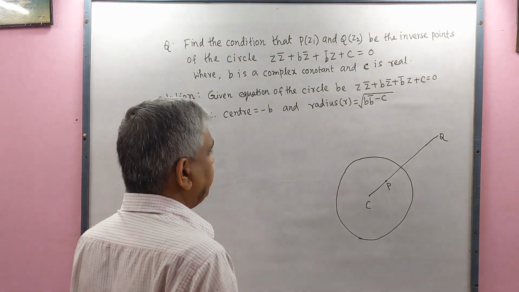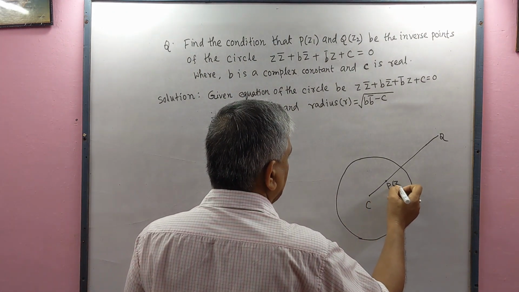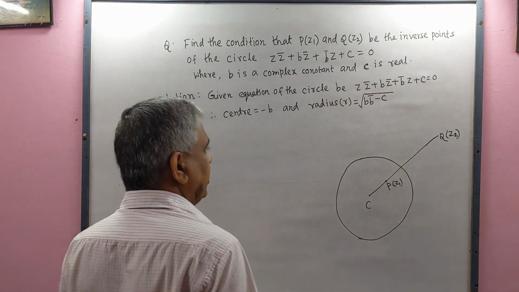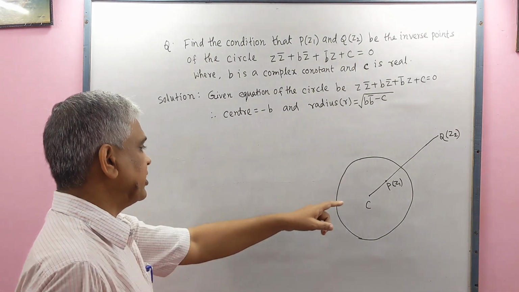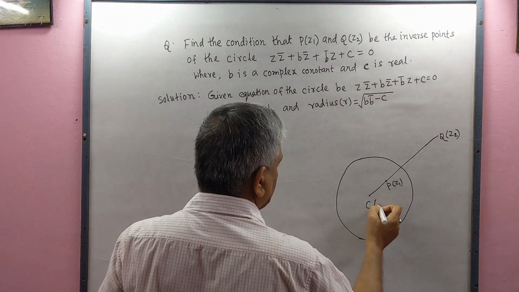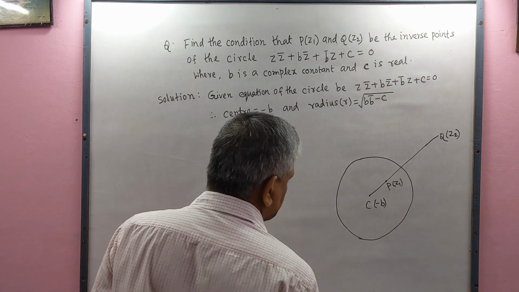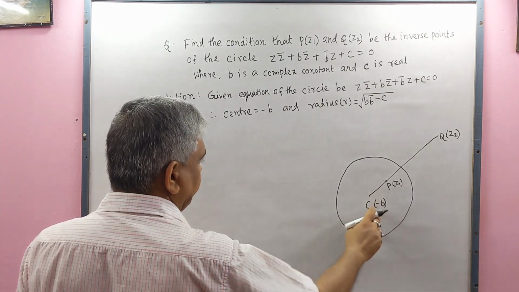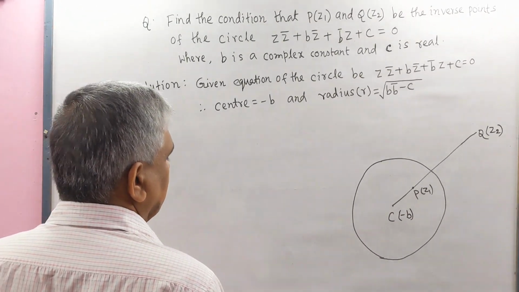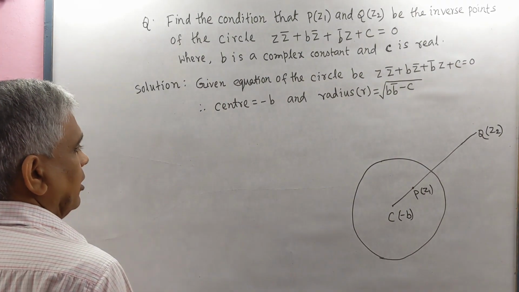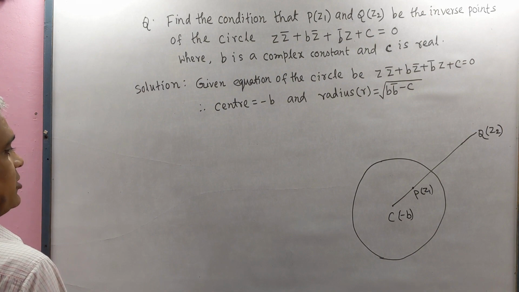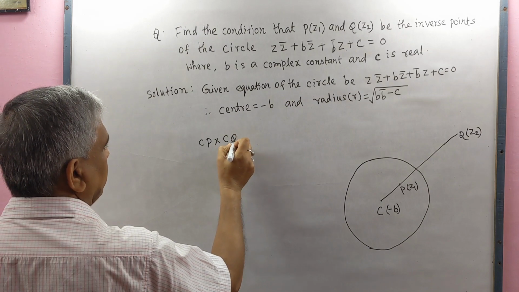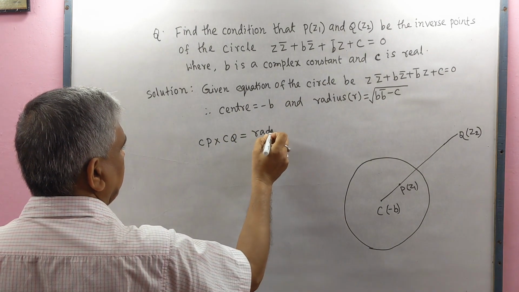Here, given that P(Z1) and Q(Z2) are inverse points with respect to the circle with center C, whose radius is R and which is denoted by the complex number minus B. According to the condition of inverse points, we know that CP multiplied by CQ equals the radius squared.